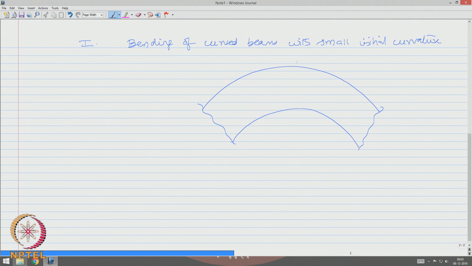Let us define certain geometric parameters of this beam. Let us choose a layer whose radius is r measured from here. This point is O.